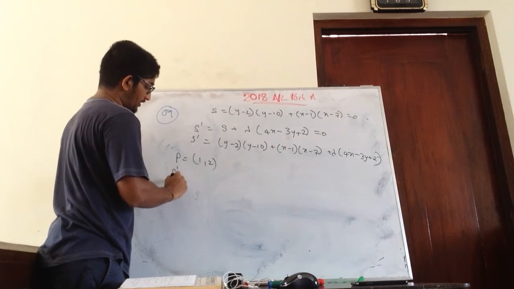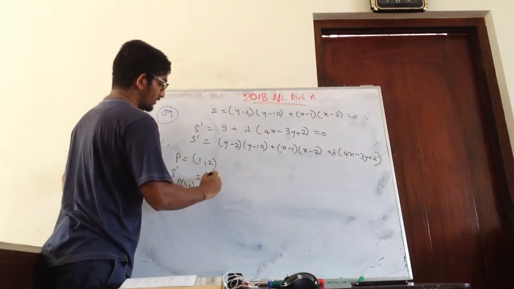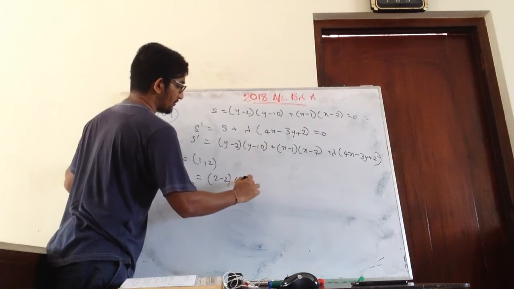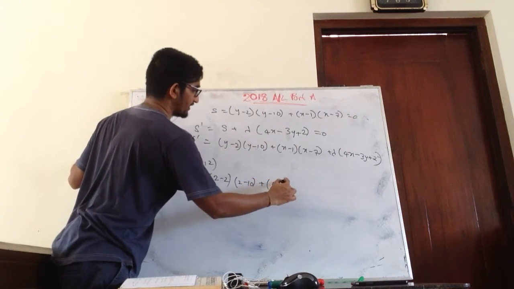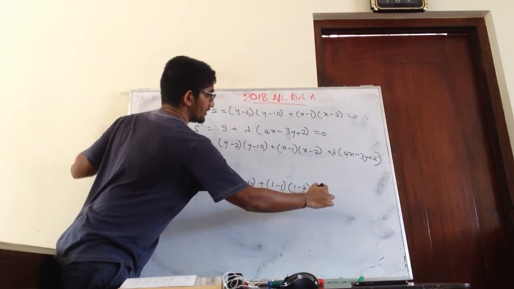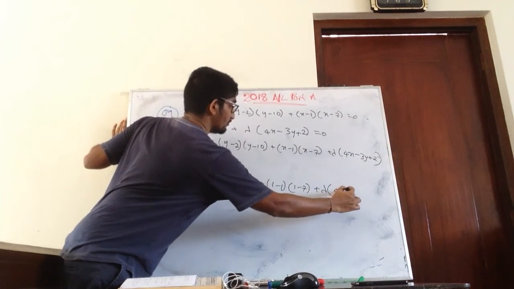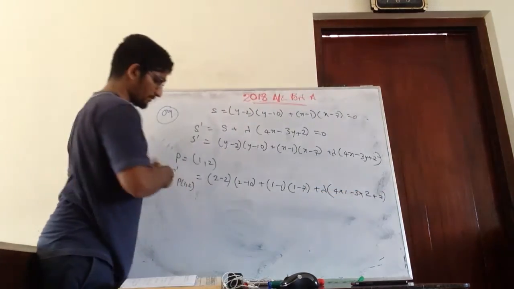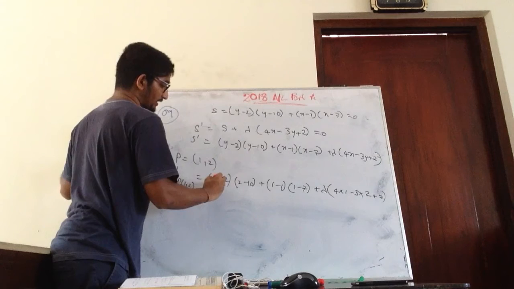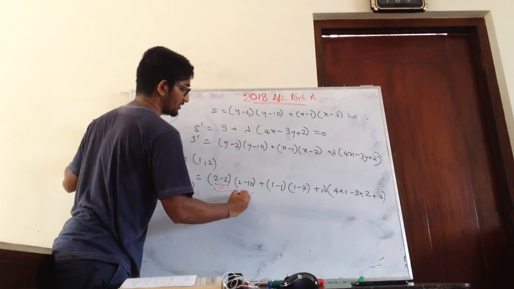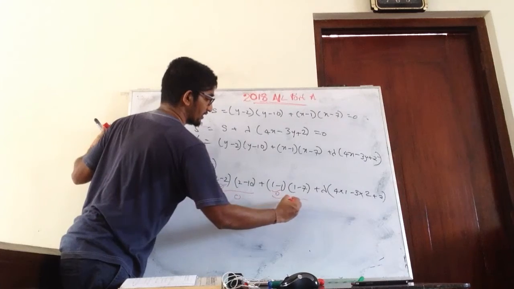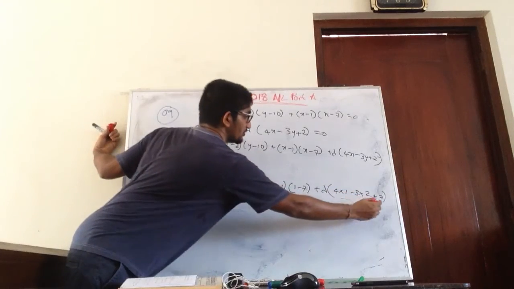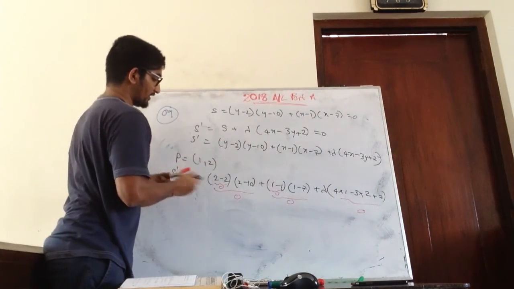Now S dash at P 1, 2: I will get 2 minus 2 into 2 minus 10 plus 1 minus 1 into 1 minus 7, plus lambda into 4 into 1 minus 3 into 2 plus 2. Now here this is 0, so the whole thing is 0. This is 0, so the whole thing is 0. This is going to be 4 plus 2 which is 6, minus 6 is going to be 0. So you will get 0.